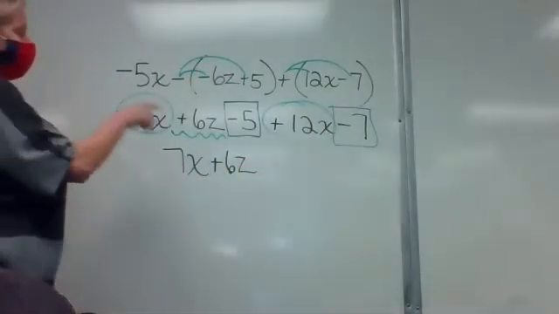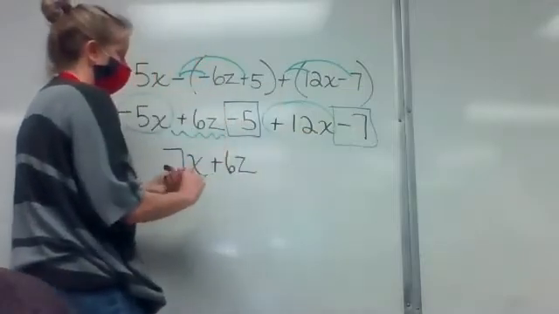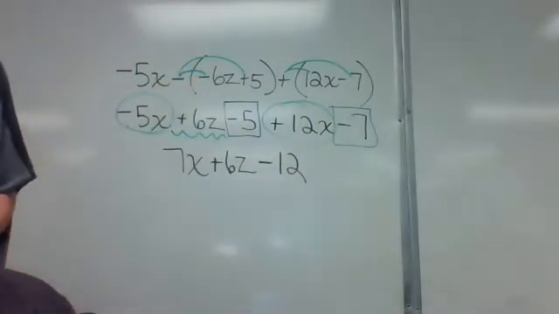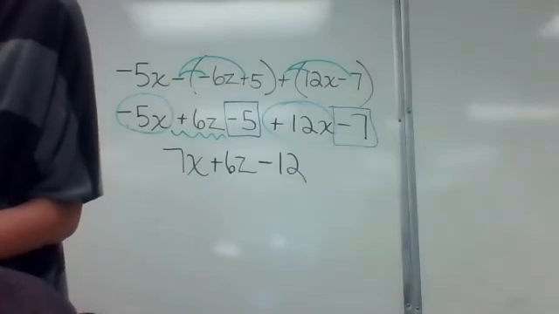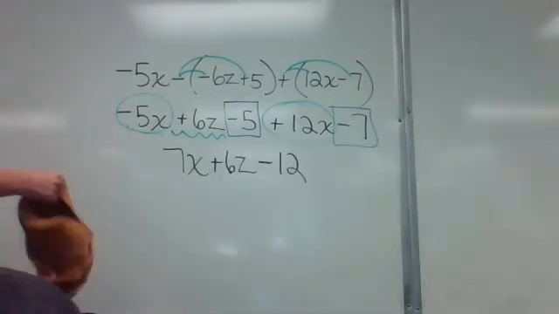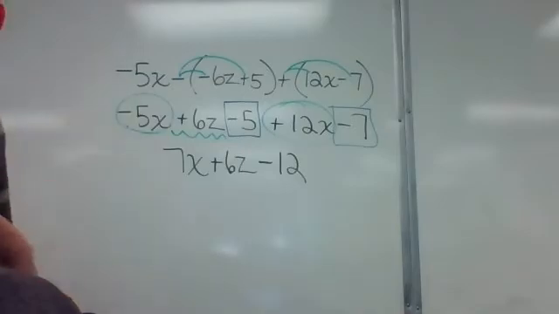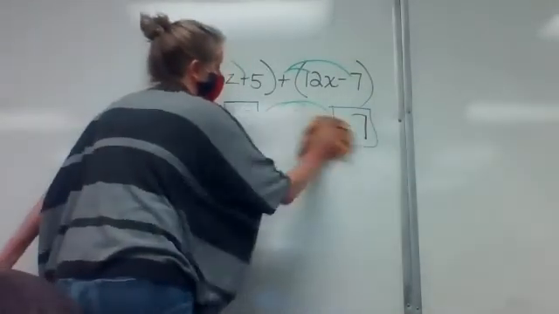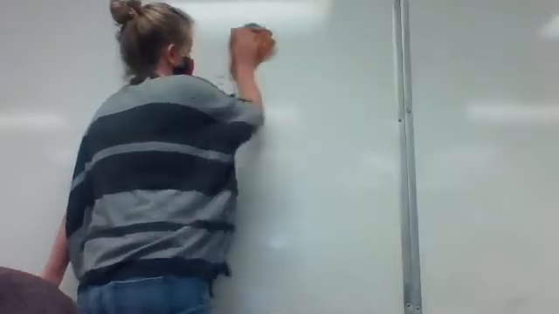When I put a negative 5 with a negative 7, it gives me negative 12. So that's how you combine like terms. All right, looking at number 16, I've got negative 3 times 2a plus 6b.